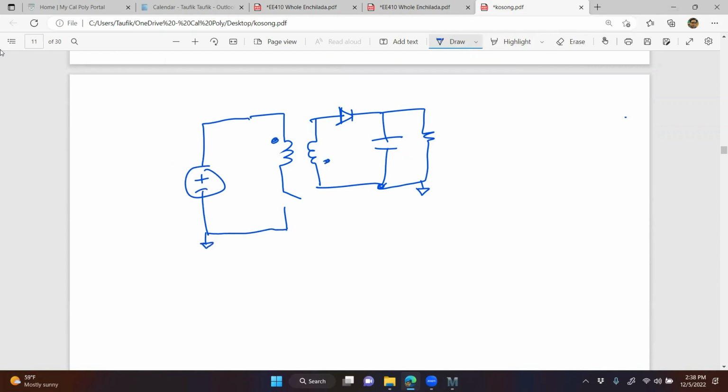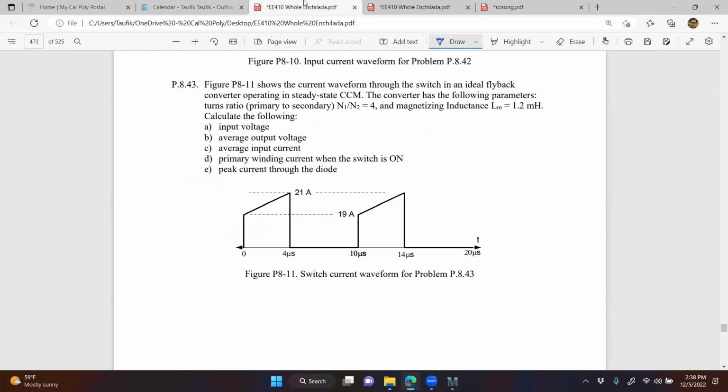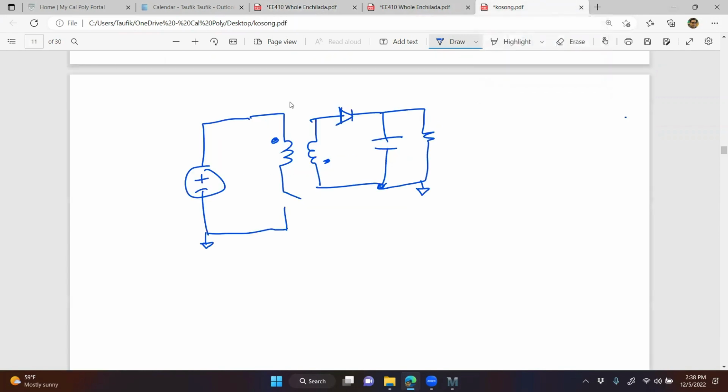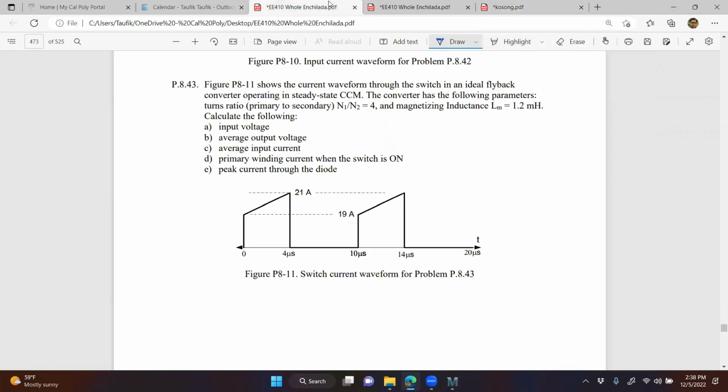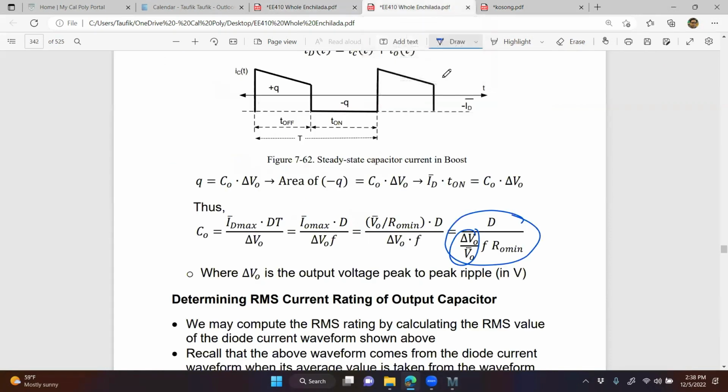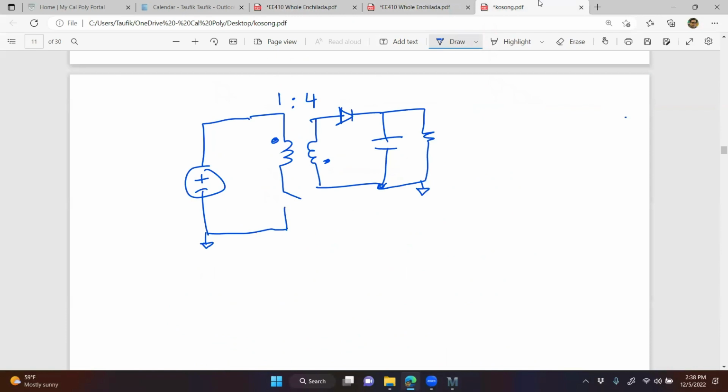Okay, what do we know? We know the turns ratio 1 to 2, and we know 1.2 millihenries of the magnetizing inductance.